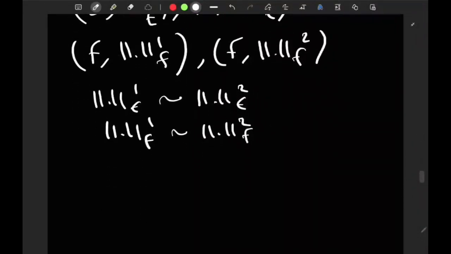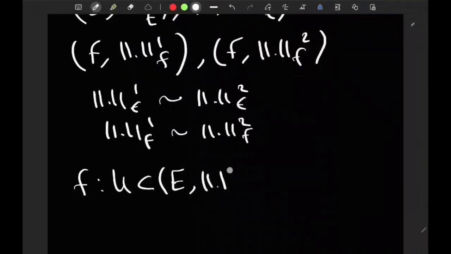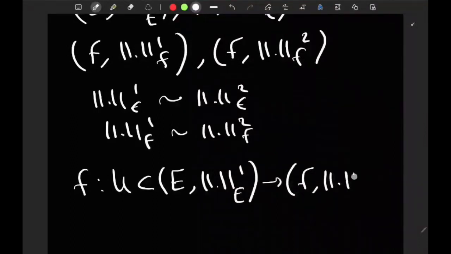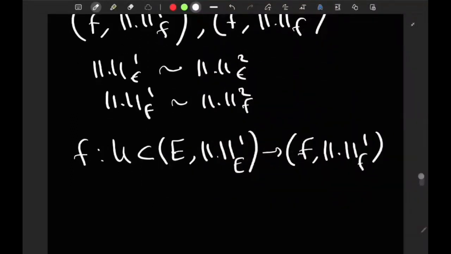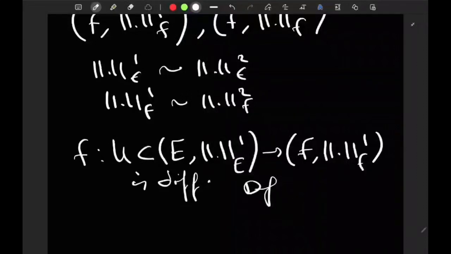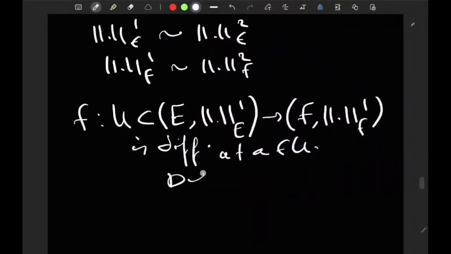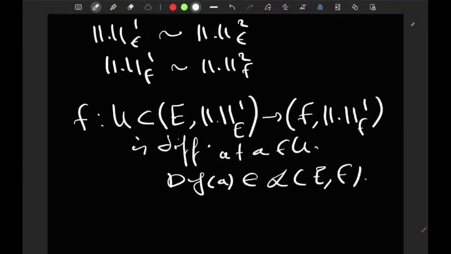And suppose that f, looked at as a map from U, which is an open subset of the normed vector space E with the first norm, into F with the first norm, is differentiable at some point a in U. Meaning that there is some continuous linear map df of a in L(E, F), and this thing is unique.